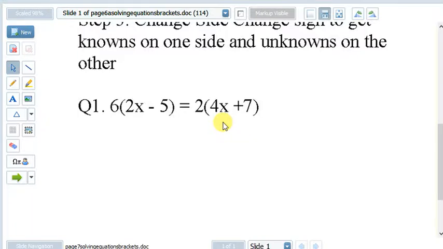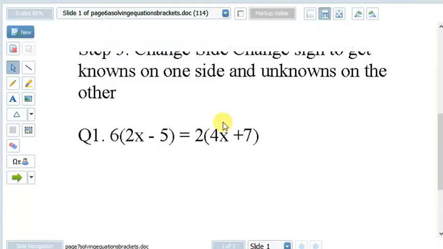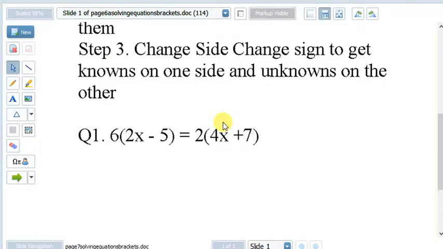Step 2 would be to label your unknowns and knowns, and then step 3 would be to change sign to get knowns on one side and unknowns on the other, and then you try and get x equals. Okay, so if you pause your video and have a quick go at this question, then I'll go through it very quickly in a minute. So just press play when you're ready.